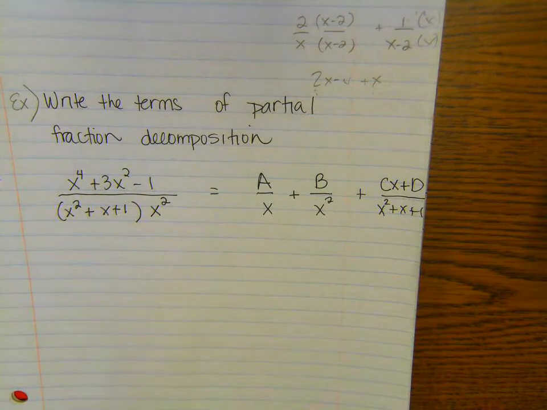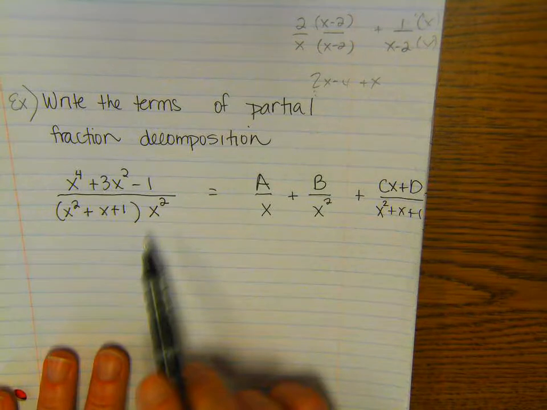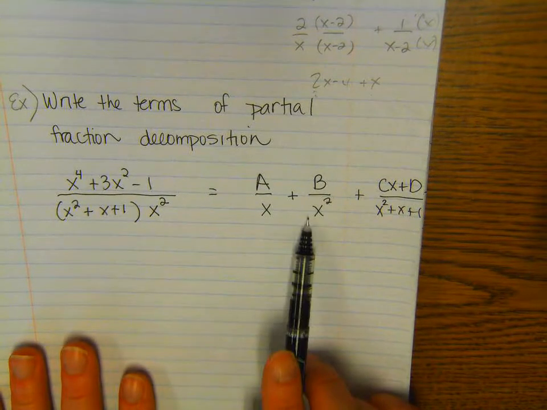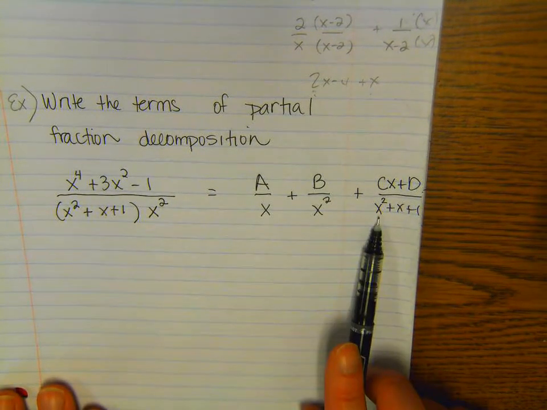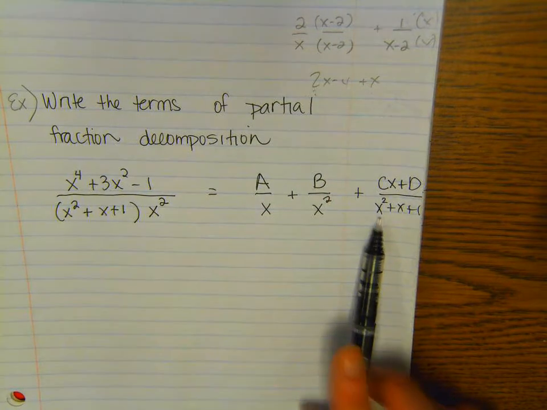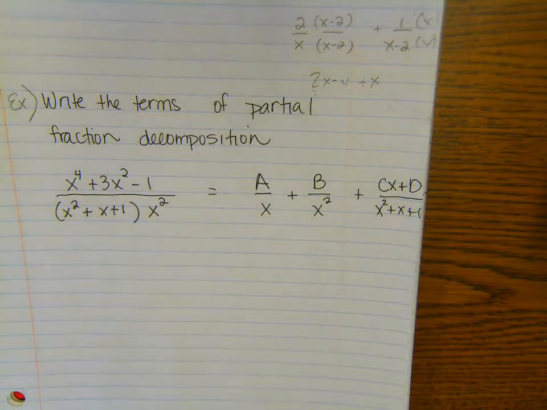So basically, that's the setup for finding the partial fraction decomposition. We factor something that's a single x and x squared, and then anything that's an x squared plus x plus something, you write using a linear factor on top.